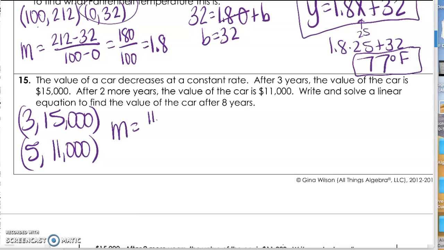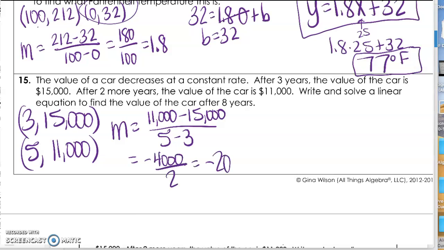So m equals 11,000 minus 15,000 over 5 minus 3. So we would get negative 4,000 over 2, which is negative 2,000. What that means is it loses $2,000 each year.